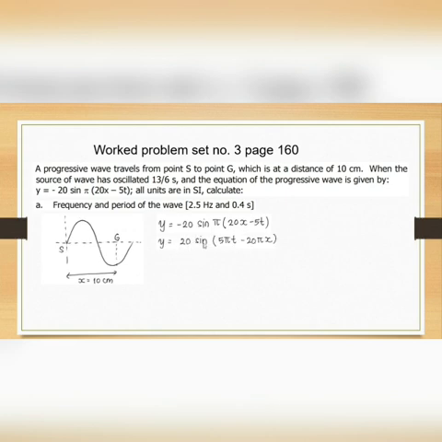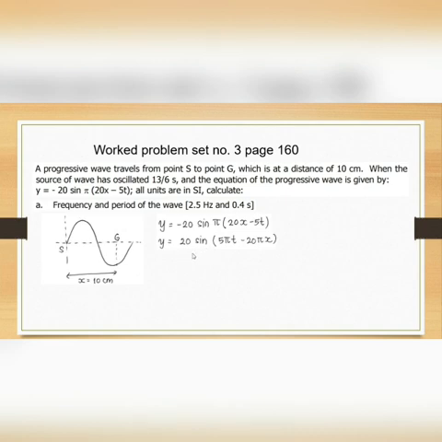So let's do it like this. The negative sign is multiplied by 20x, so we have minus 20 pi x, and that negative sign is multiplied by 5t minus, multiplied by pi, so we have 5 pi t minus 20 pi x.